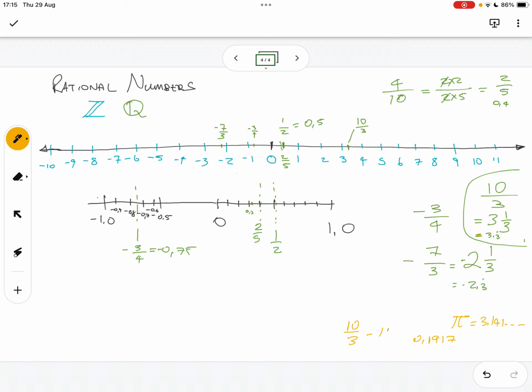So 10 over 3 minus pi roughly equals something like that, right? So I'm doing this deliberately because I want to show you that just because we have such a small difference between the two numbers doesn't mean they cannot be plotted. So this one will just make it there and we'll say that's pi.